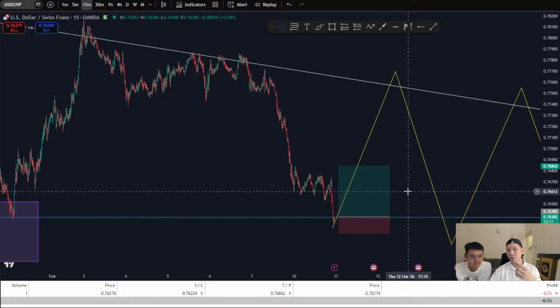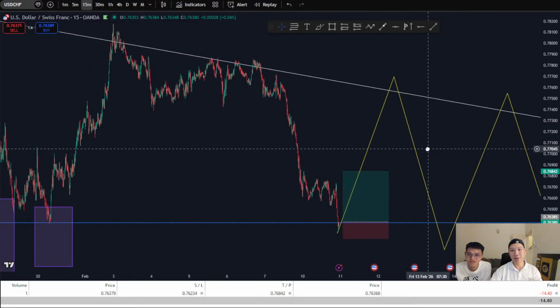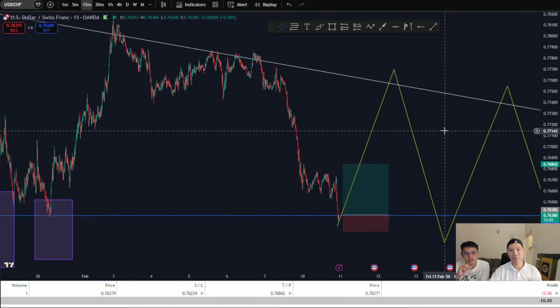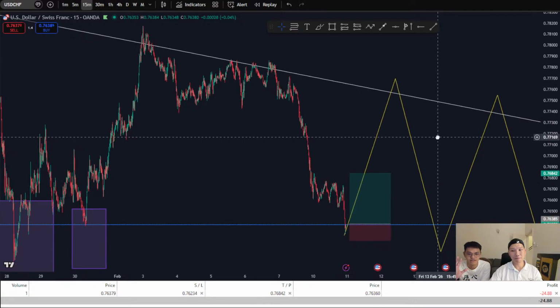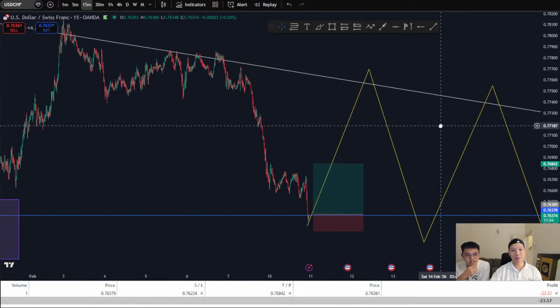I think it's still okay, a small lot size for me. It's okay for the currency pair, because the volatility is small compared with commodities like metals or crude oil.